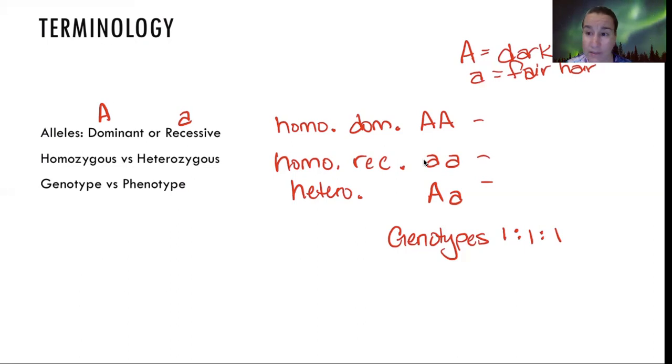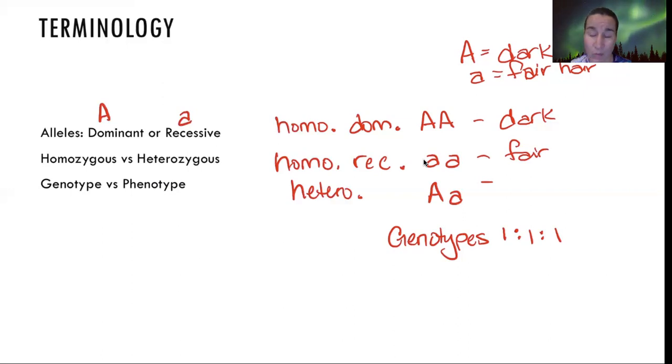If we looked at the homozygous dominant, two capital A's are definitely going to give you a phenotype of dark hair. If we looked at the homozygous recessive with two lowercase a's, that's going to be fair hair that shows up. And what do we think about the heterozygous?